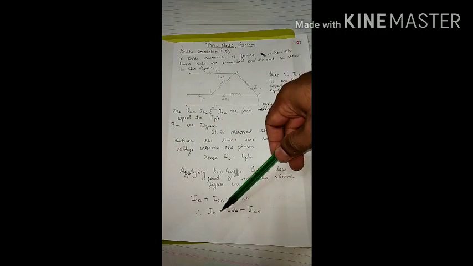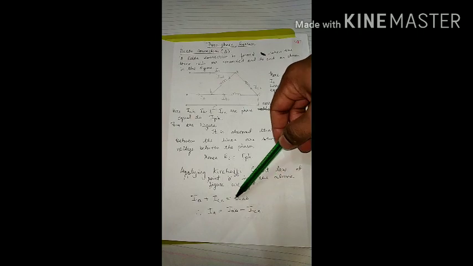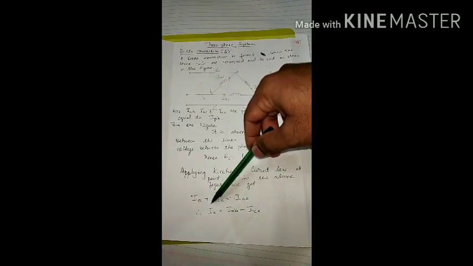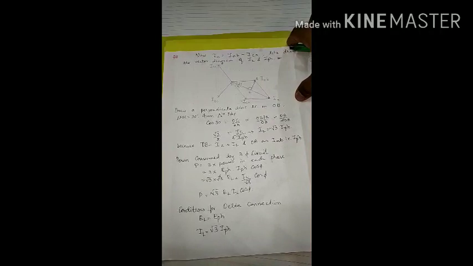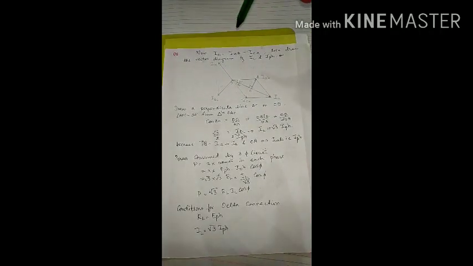So therefore IA is equal to IAB minus ICA. Now depending upon this equation we have to draw the vector diagram. As I said, IA is equal to IAB minus ICA. Let's draw the vector diagram.